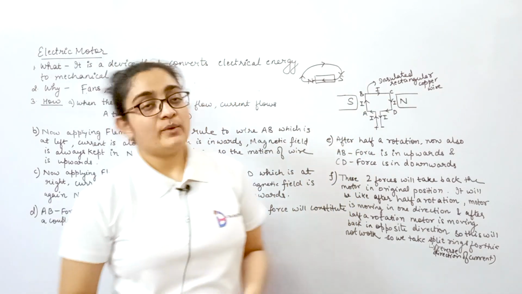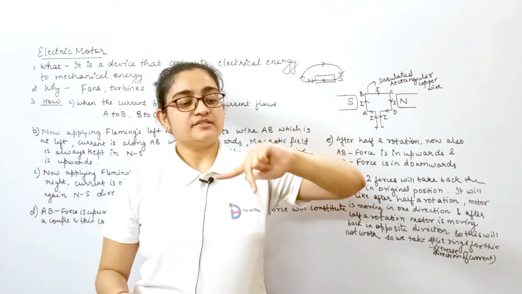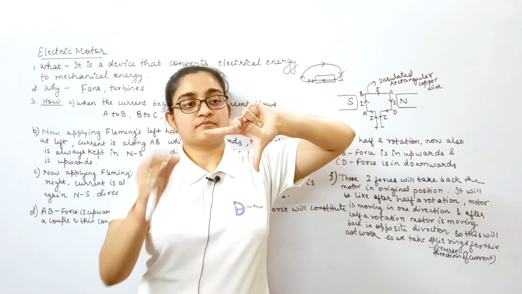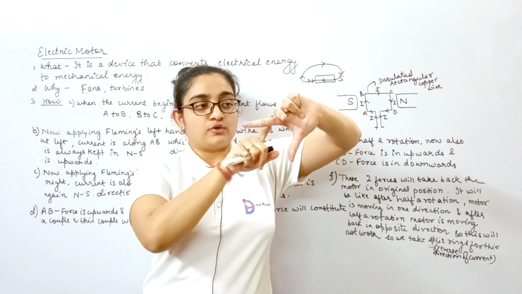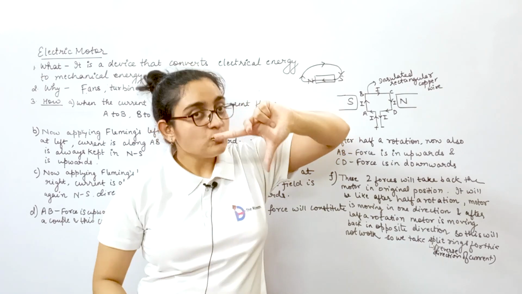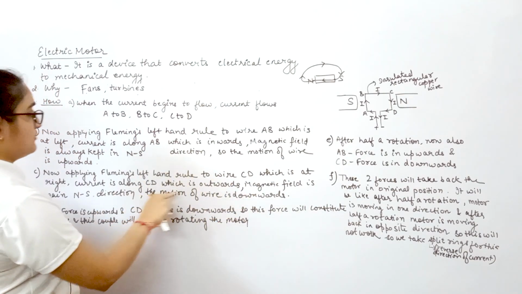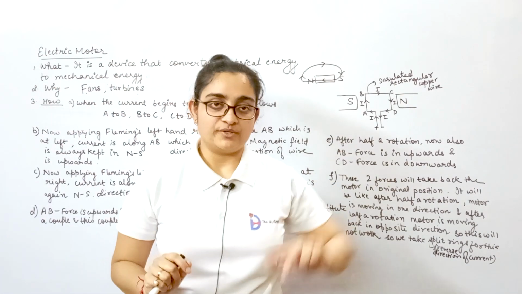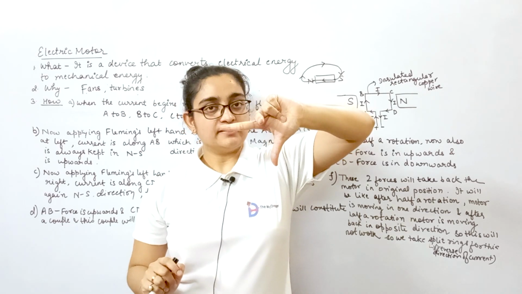Now again, Fleming's left-hand rule. Current outwards, magnetic field lines from north to south, then force is downwards. So the motion of wire is downwards. This is the scenario. Concept is clear?